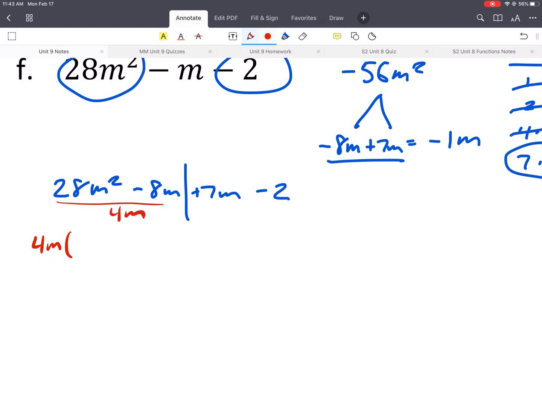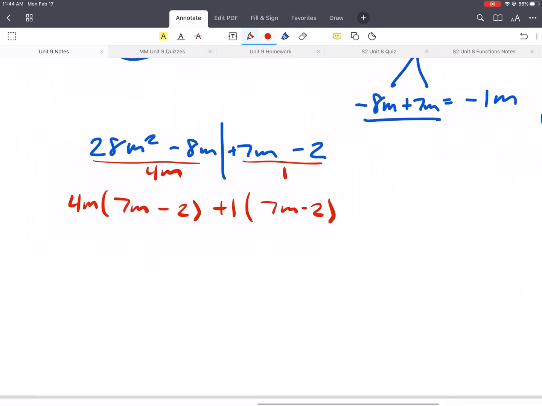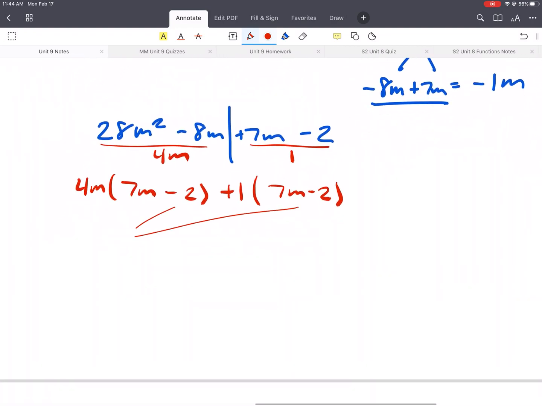That leaves us with 7m minus 2. And then on the right side, looks like we can factor out a 1. So plus 1, and then divide everything by 1. And that leaves us with 7m minus 2. Those two are the same. Their parentheses are the same, so we'll have 7m minus 2. And then our other parenthesis leaves us with 4m plus 1.